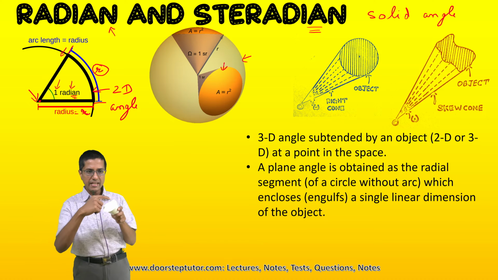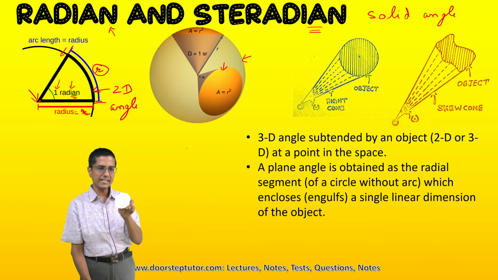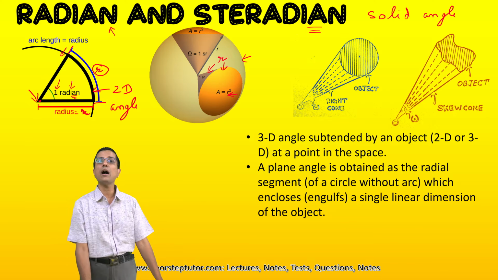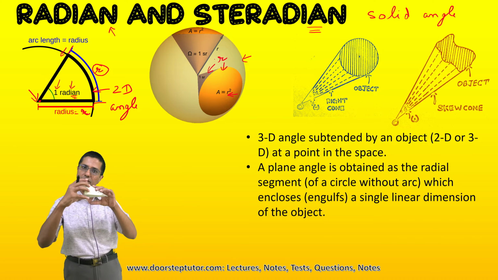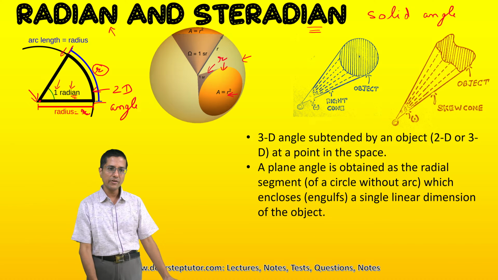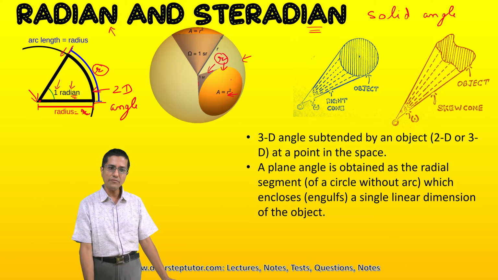Let's say that the area at the top of this cone is r squared, and the radius of the sphere from which this cone has been taken is equal to r. Imagine the face of this cone.